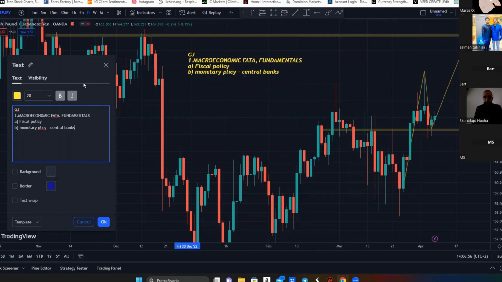When we look at macroeconomic data, what is the current fiscal situation in the UK economy and in the Japanese economy? Macroeconomists, when they look at any country, look at the following.